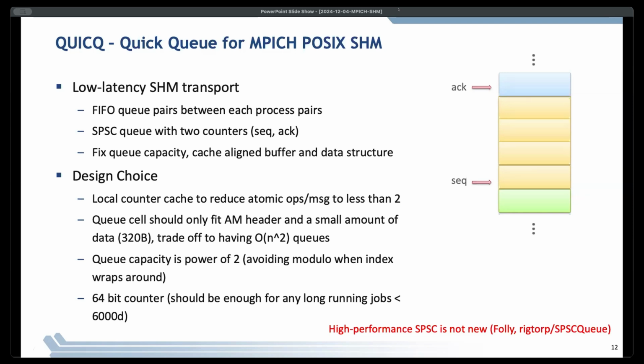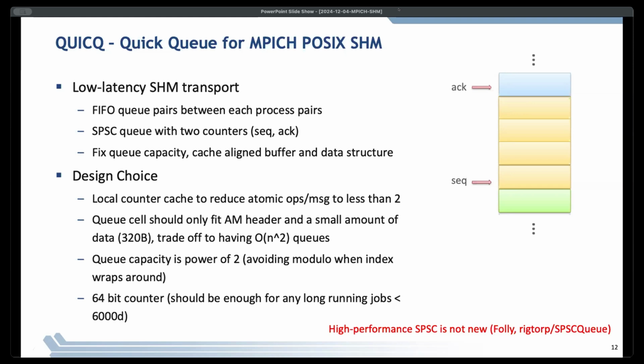We named it to indicate what we're trying to achieve here, which is low latency SHMEM communication. The design is fairly simple. We're creating first-in first-out queue pairs between each process pair.